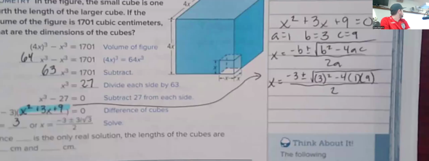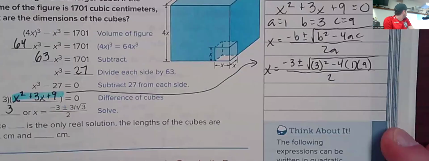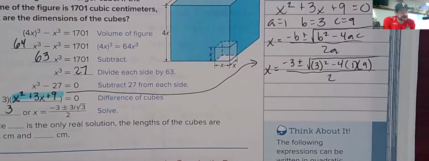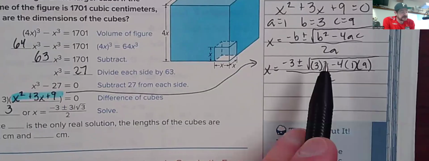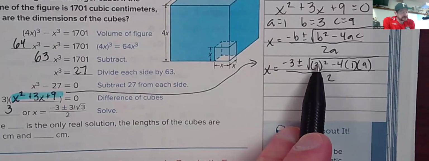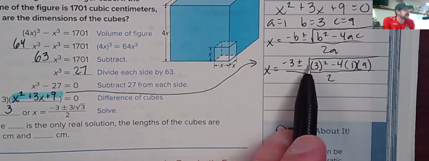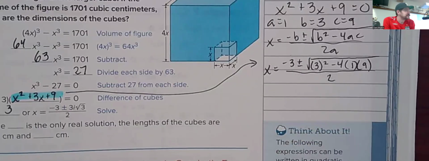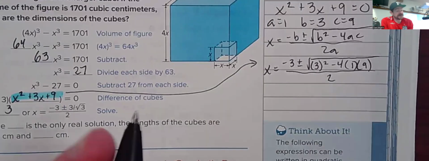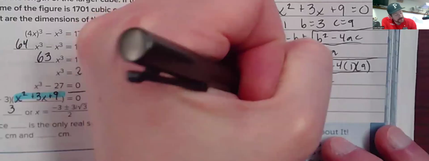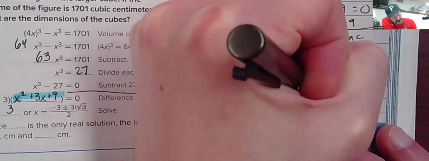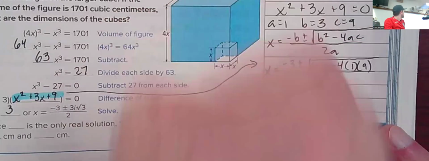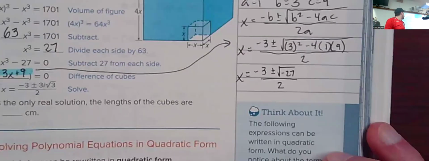All right. 3 squared is 9. 4 times 1 times 9 is 36. 9 minus 36 is what? Negative 27, right? Yeah. So X is going to equal negative 3 plus or minus the square root of negative 27 over 2.